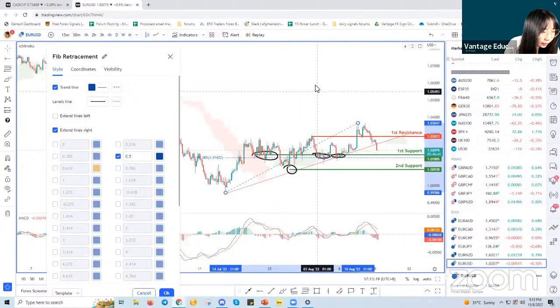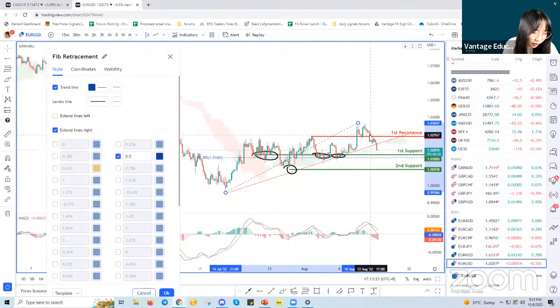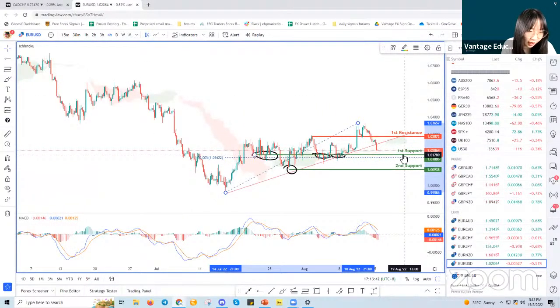We can use the 50% Fibonacci level to support our first support line. So here is our 50% Fibonacci level. As you can see, we don't use the lines here because the price has already broken this line. We use the 50% Fibonacci level to support our first support, which is our sell entry.